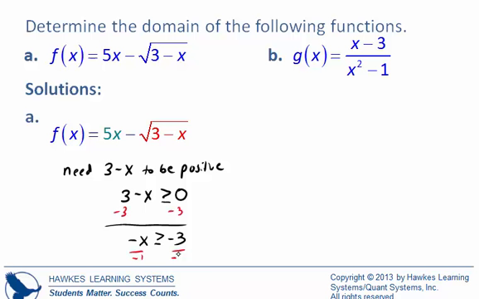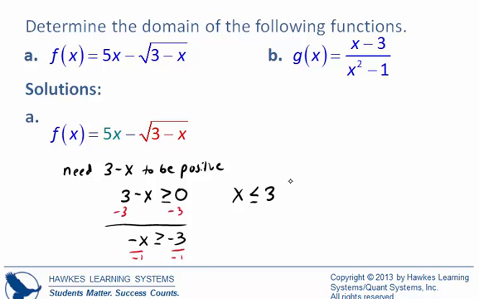Remember that when you're solving an inequality and you divide by a negative, you have to turn the inequality sign around. So this becomes x is less than or equal to 3. Those are the values for which the part underneath the square root will stay positive.